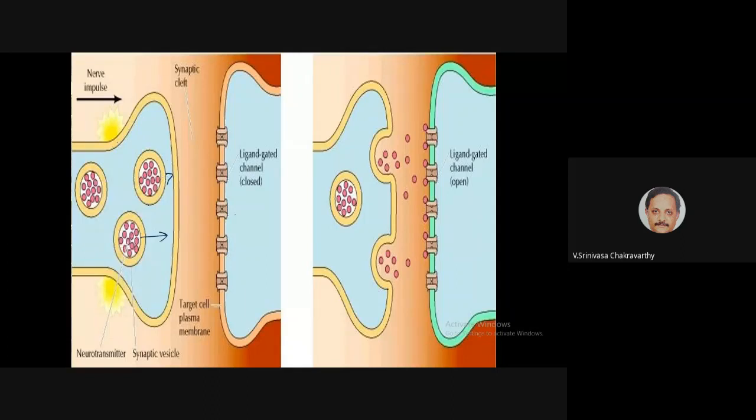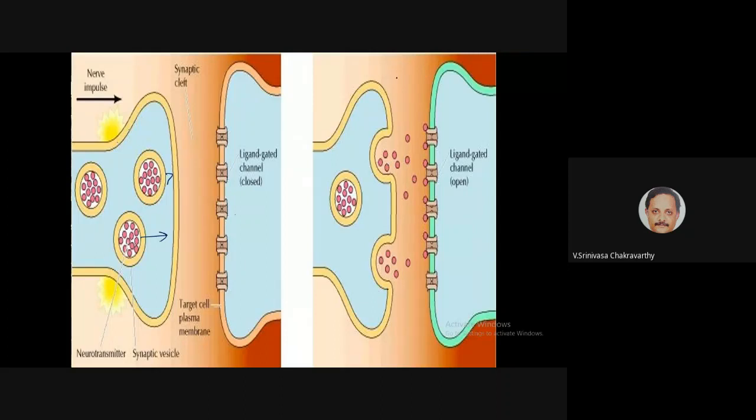They start moving towards the membrane, and then the vesicles themselves have a membrane, right? This membrane now fuses with the membrane of the synapse, right? And then the vesicle splits, it opens, and then releases its contents into the synaptic cleft.